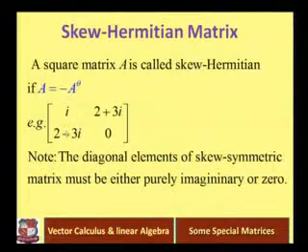So this type of matrix is called skew Hermitian matrix, and students can easily observe that the diagonal elements of a skew Hermitian matrix must be either imaginary numbers or zero, because of this condition A is equal to minus A theta.